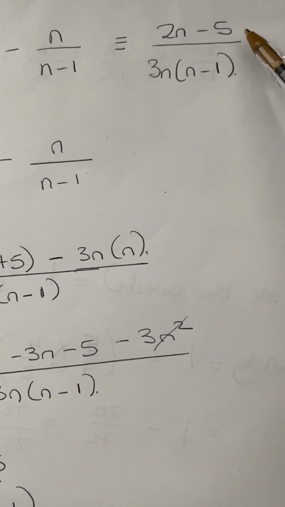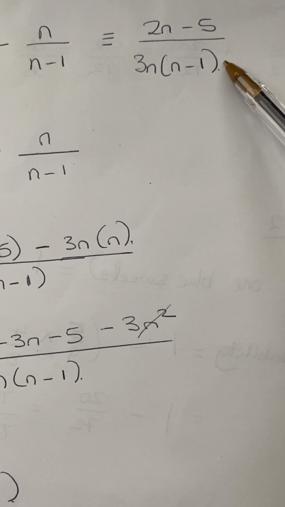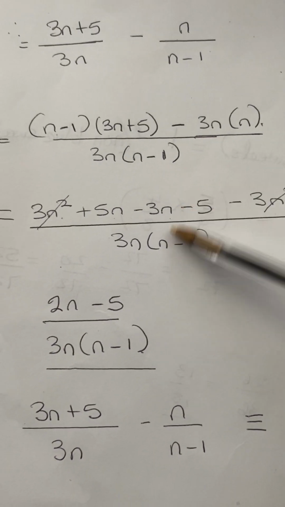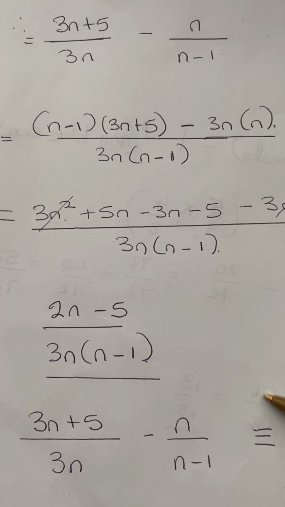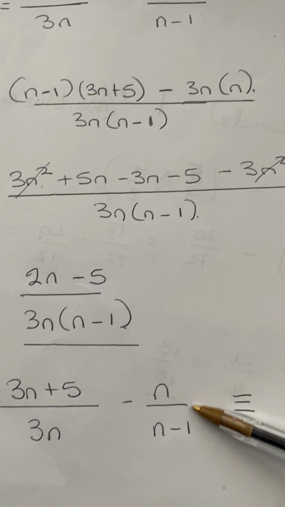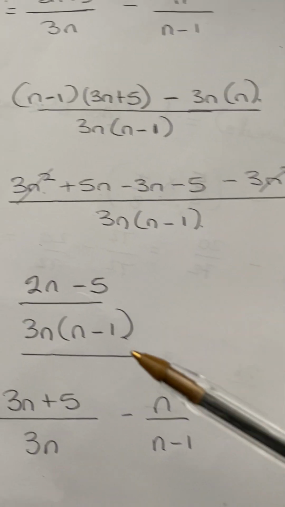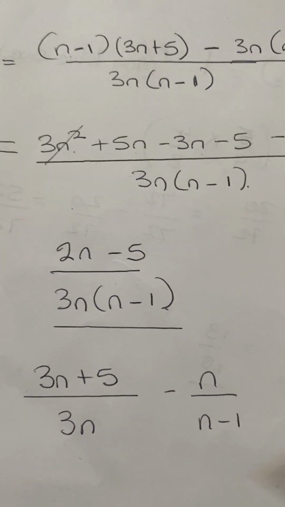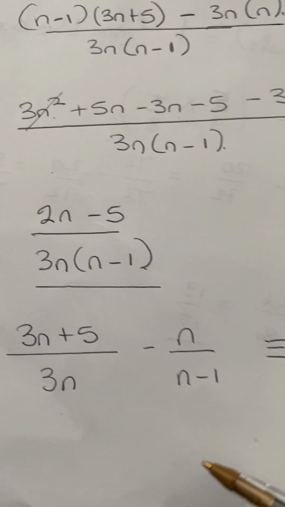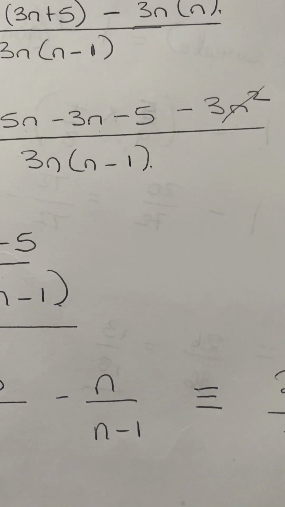As you look at the right hand side, what you are supposed to arrive at, simplify, take out what you can take out, and then just continue till you get to your answer. And then you've shown in the end, you say that therefore this is equivalent to that.